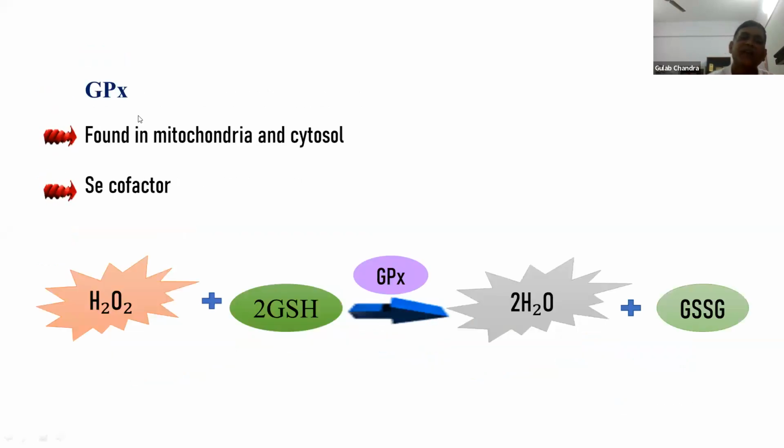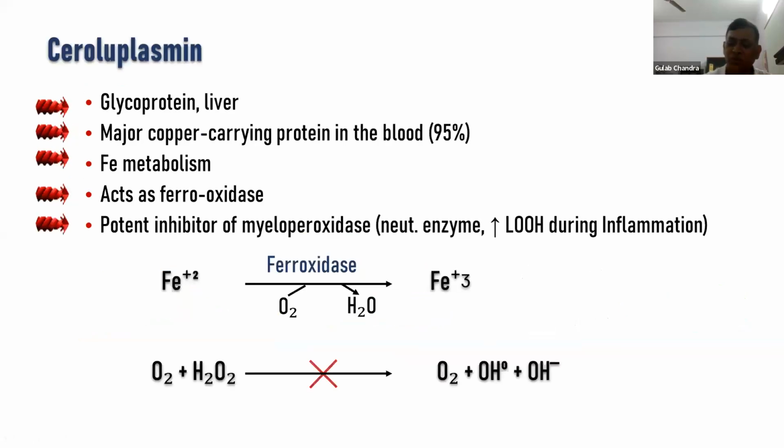The third endogenous antioxidant enzyme is found in the mitochondria and the cytosol, and selenium acts as a cofactor for the activity of this enzyme. This enzyme is also responsible for the conversion of hydrogen peroxide to water. Two reduced glutathione molecules change into oxidized glutathione.